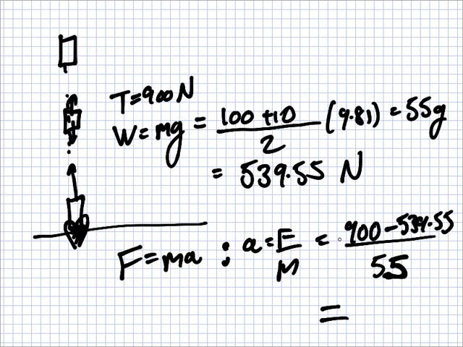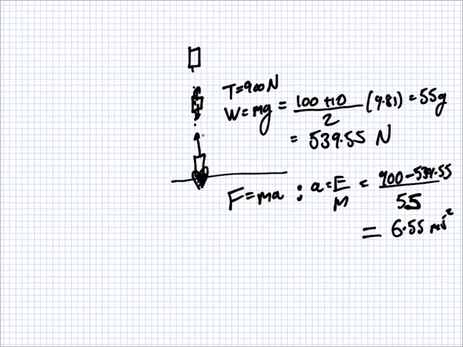What did you get? 6.5. Yeah, okay. 6.5 exact? 6.55 meters per second squared. Is that okay? So what's happening here is that the rocket is accelerating up with this acceleration.